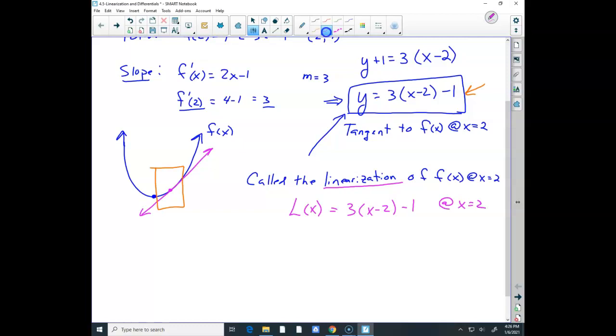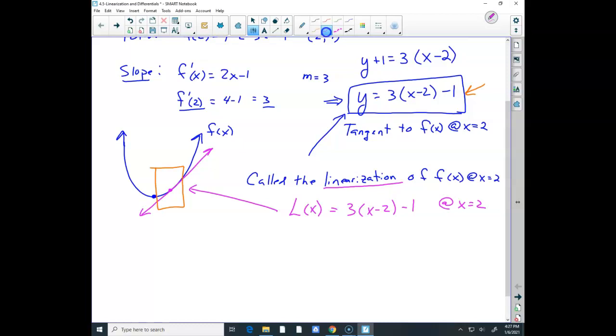That's my linearization. Because if I zoom into my box over here and continue to zoom in on that point at x equals 2, the closer and closer I get, every point really close to 2 behaves exactly like that line within a reasonable error factor, okay?